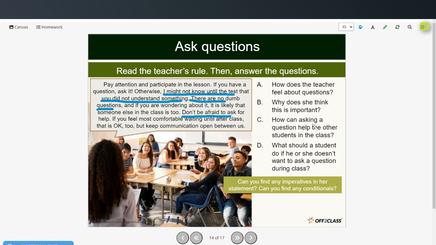And how can asking a question help the other students? Well, if you are wondering about it, maybe someone else in the class is too. And what should a student do if he or she doesn't want to ask a question during class? They can wait till after class.